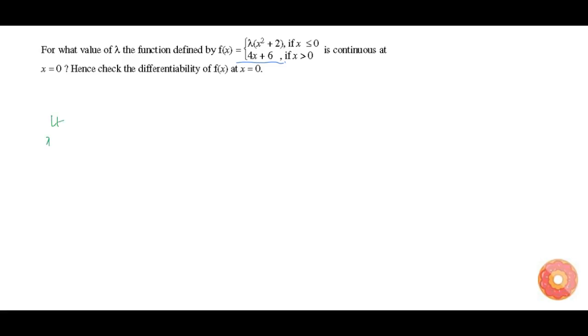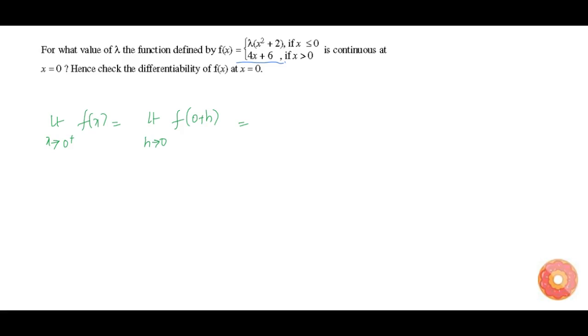Limit x tends to 0 plus f of x, which is equal to limit h tends to 0 f of 0 plus h. Now h is an infinitesimally small positive number, therefore 0 plus h is going to be something positive, which means it lies in the interval 0 to infinity. For 0 to infinity, function f of x is 4x plus 6.